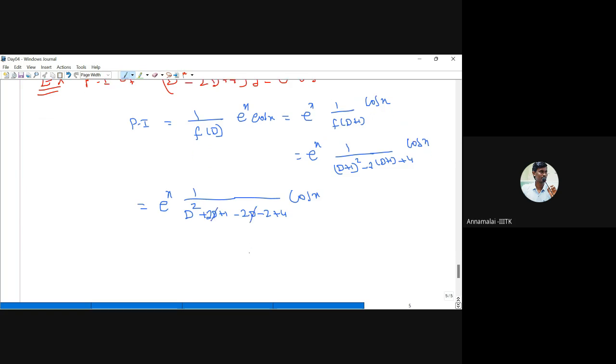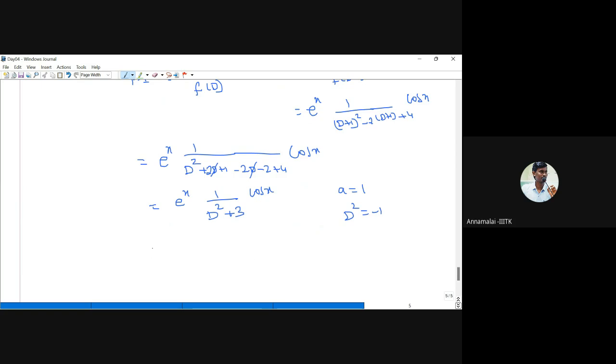Therefore, 5 minus 2 is 3. So e power x into 1 by D square plus 3 into cos x. But here a is 1, so you have to substitute D square by minus 1. Therefore, minus 1 plus 3 is 2. Therefore, the particular integral is e power x by 2 into cos x. This is the particular integral.